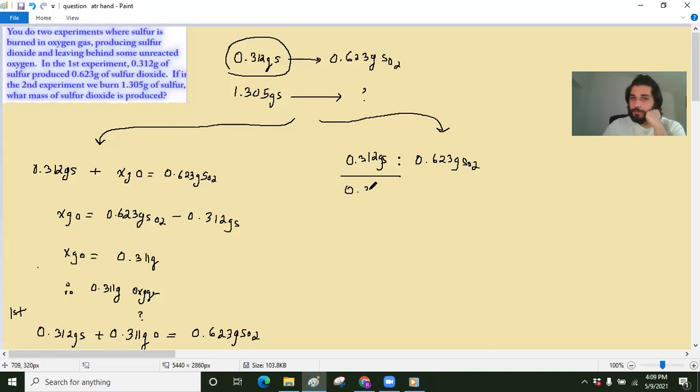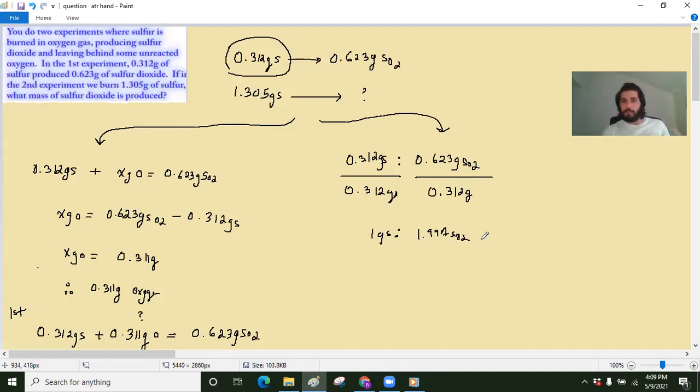You could say that 0.312 grams of sulfur, you could divide both by 0.312 grams. So you'd be left with 1 gram of sulfur, and if you do this division, you get 1.997 grams of sulfur dioxide. So you know the unit value.